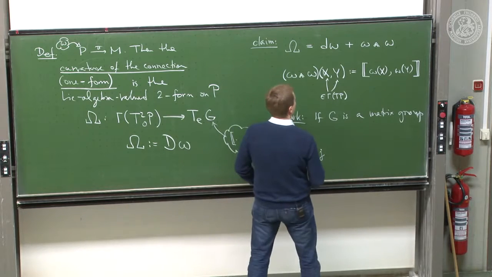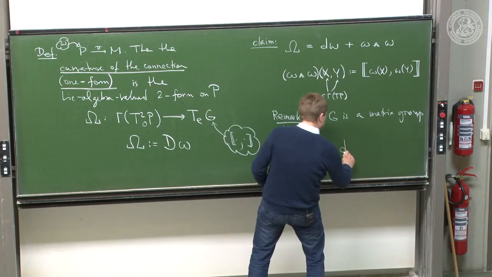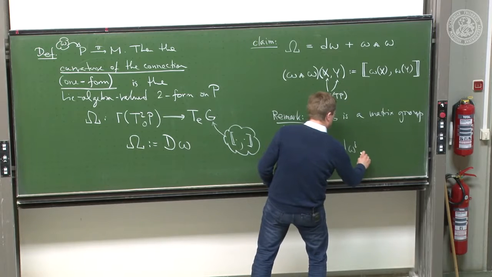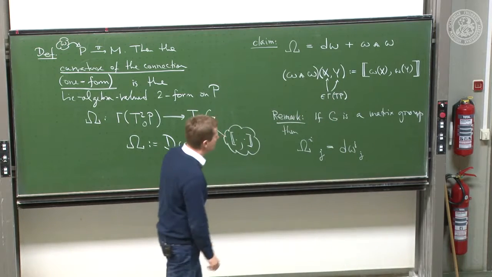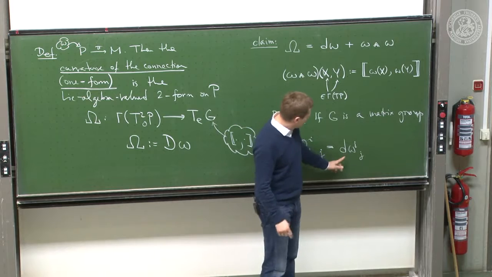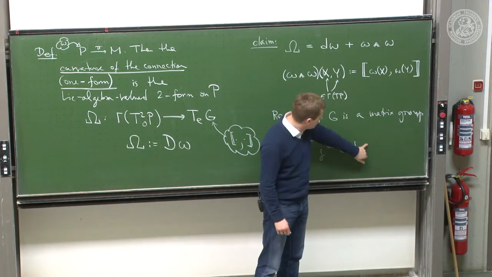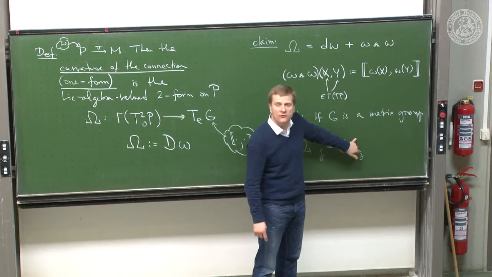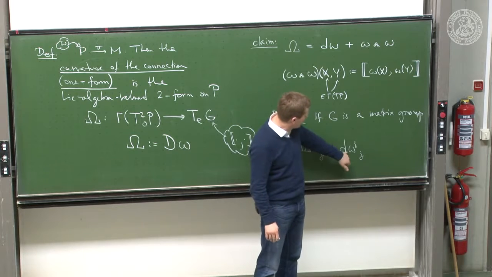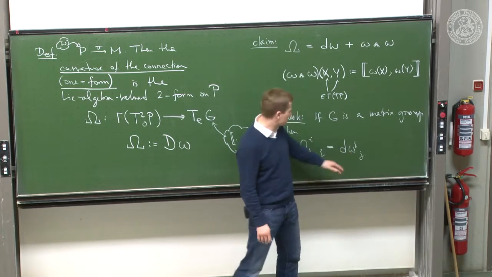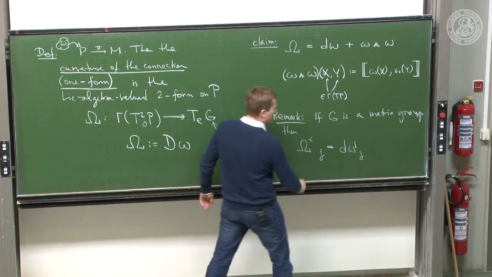Okay? And then this becomes just the exterior derivative of the ijth component of this omega. But remember, the d has nothing to do with acting on these indices, because these are Lie algebra indices. Every omega ij for fixed ij is a one form on the principal bundle, not on the base space, on the principal bundle, and on this acts the exterior derivative. So these are equations for every ij.